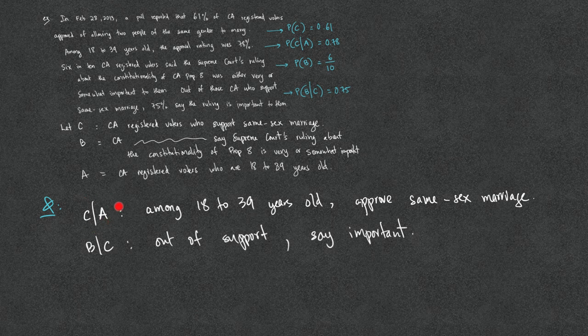P of C given A, we found earlier that it is 0.78, and the probability of B given C, we found that this is 0.75. But the question asks for the description of the event.